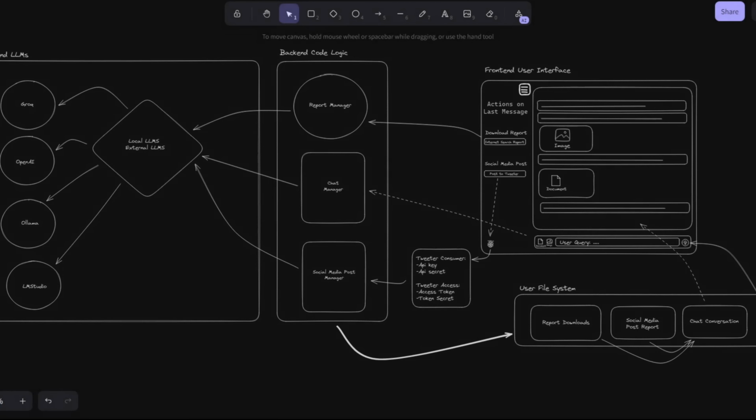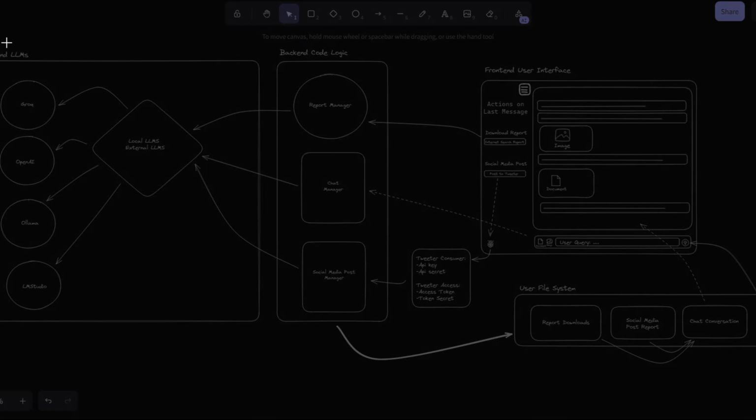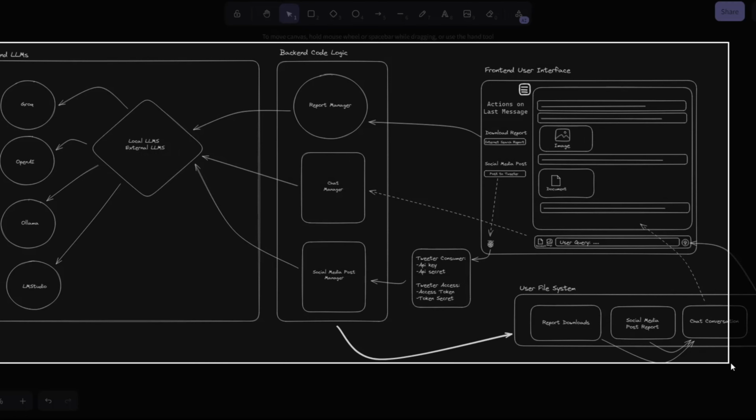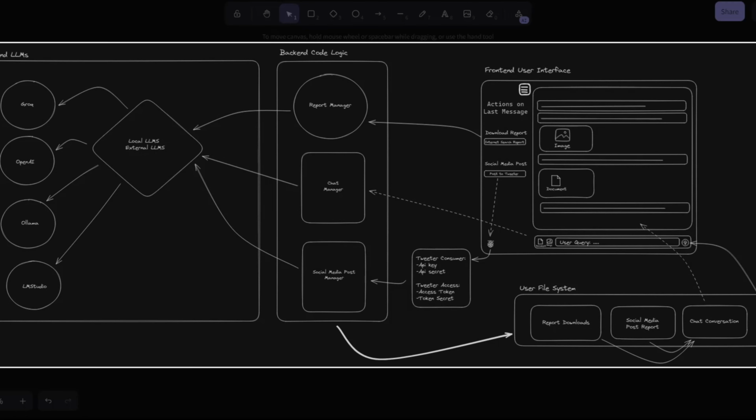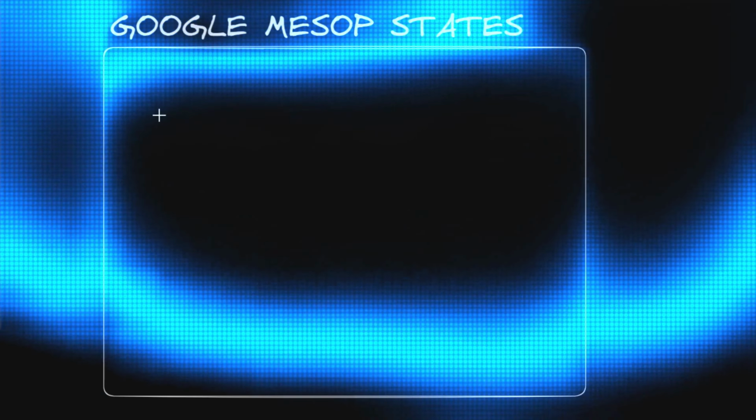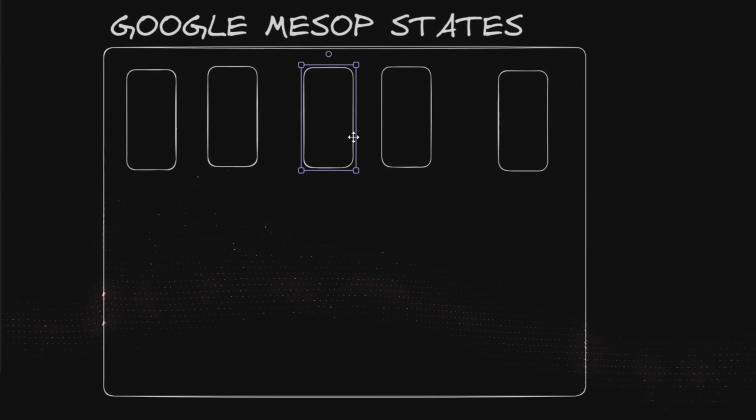Okay, so I'm just going to take another one because this one is not good. Okay, this is better. We got it. So let's here quickly draw the Google Mesop states.